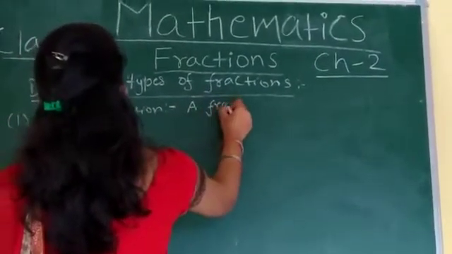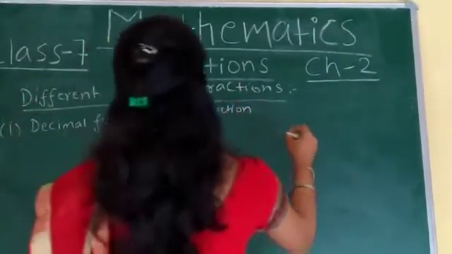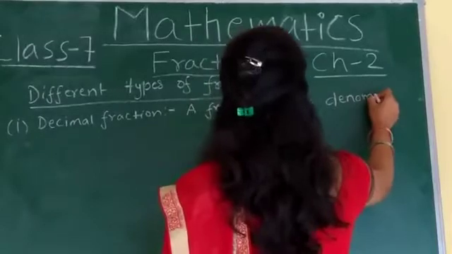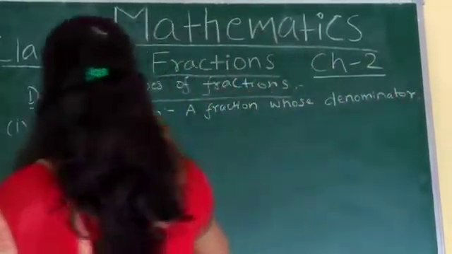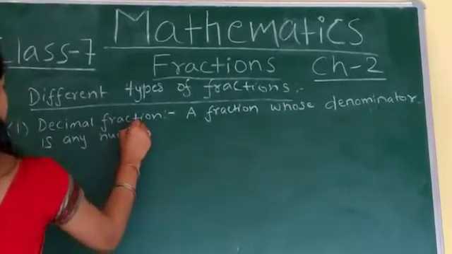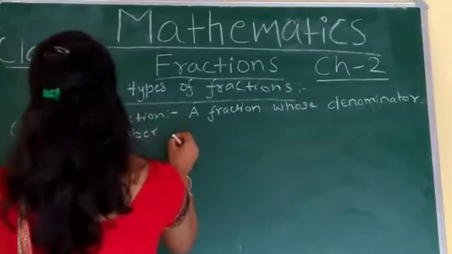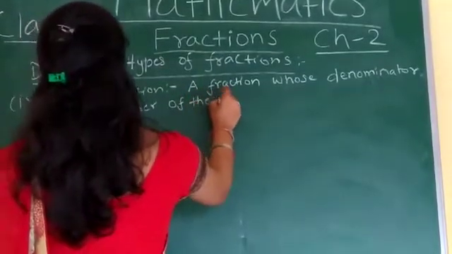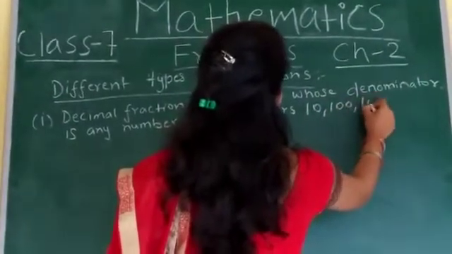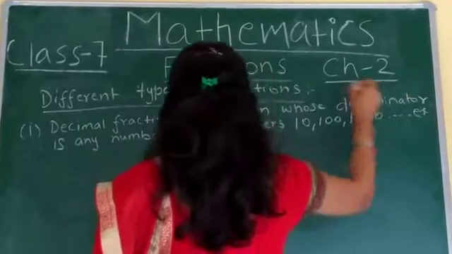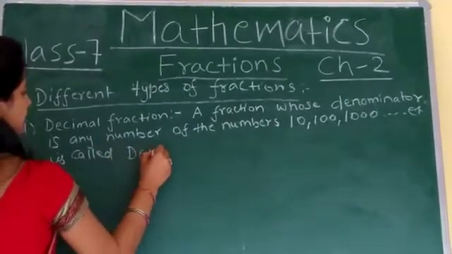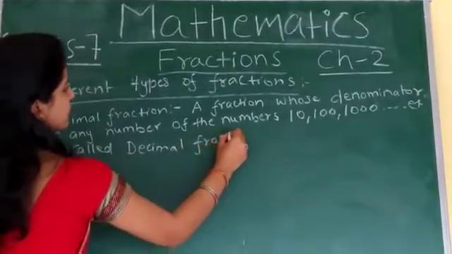A fraction whose denominator is any number of the numbers 10, 100, 1000 and so on is called decimal fraction.